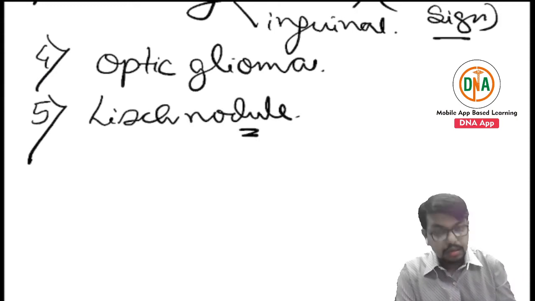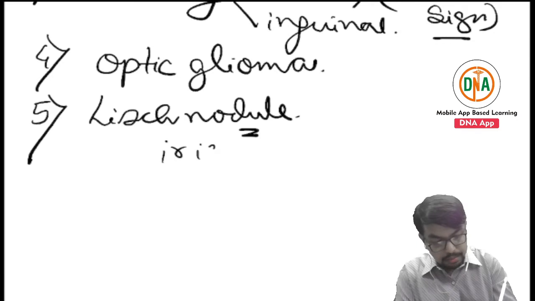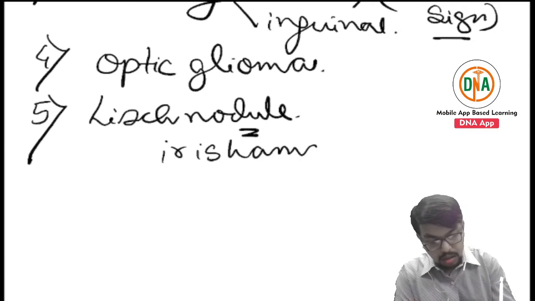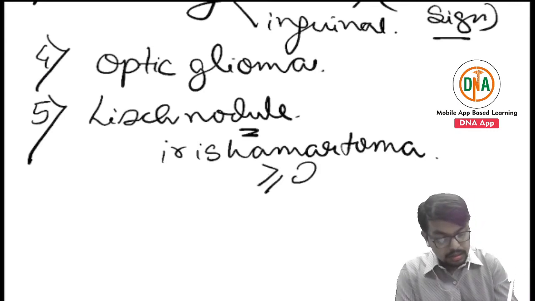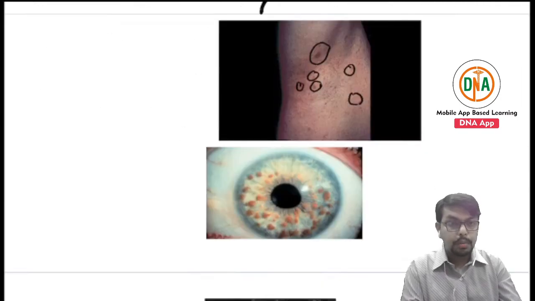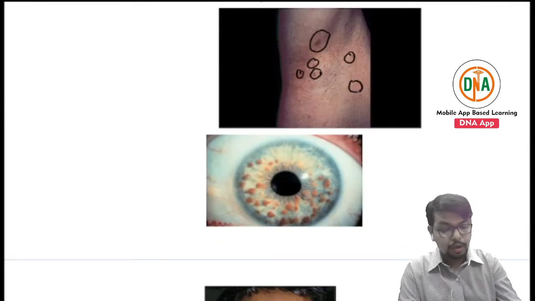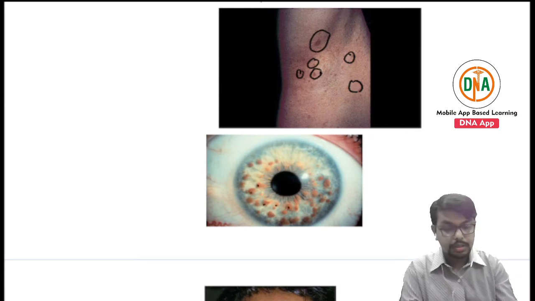This is nothing but an iris hamartoma. If it is present in 2 or more in number, then this also forms a diagnostic criterion. See, here are the Lisch nodules.